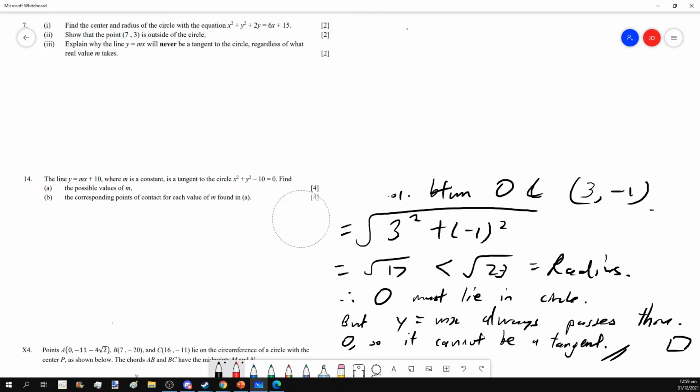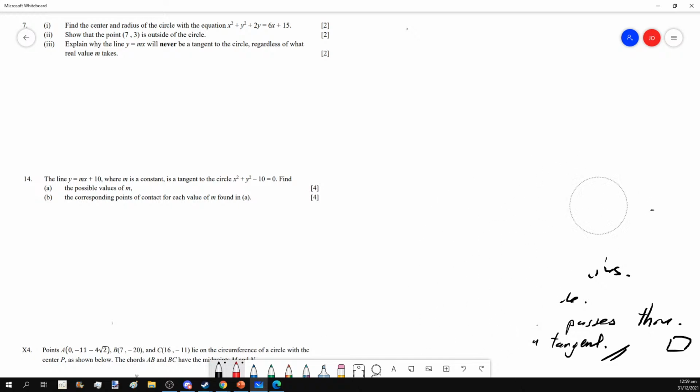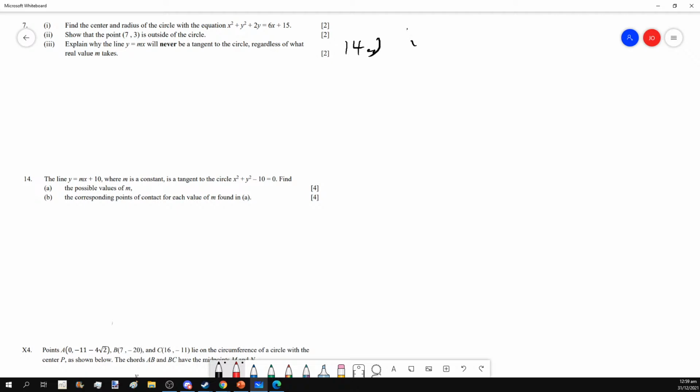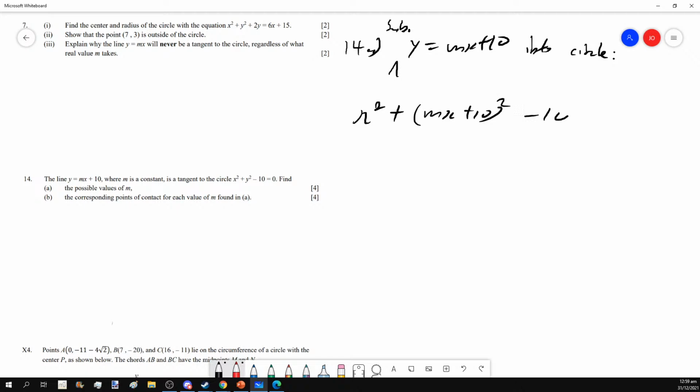Alright, now for the next problem, we have question 14. It tells us that there is a line y equals to mx plus 10. It is a tangent to the circle. Right, tangent. So that means if I have y equals to mx plus 10 and I substitute it into the circle, I should get, let's see, x squared plus y squared minus 10 equal to 0.